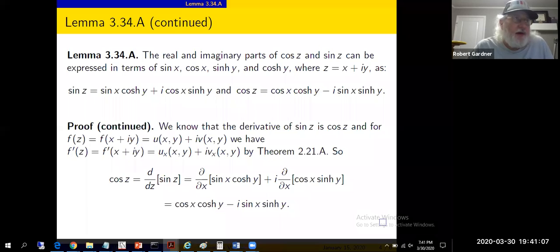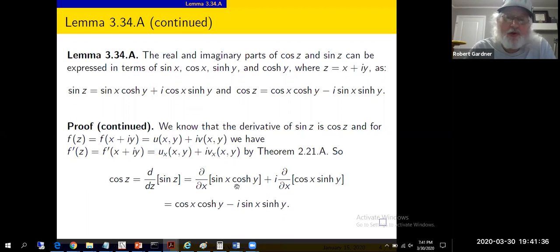We know how to calculate derivatives in terms of partial derivatives based on some of the results back when we were doing the Cauchy-Riemann equations. Cosine of z is a derivative of sine z, which we established earlier. We can take the derivative of an analytic function by taking the partial of the real part with respect to x plus i times the partial of the imaginary part with respect to x as well. I guess that was theorem 2.21.a.